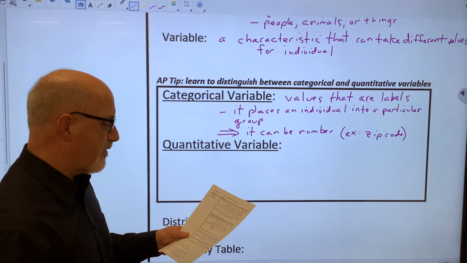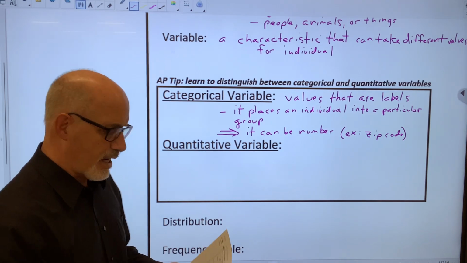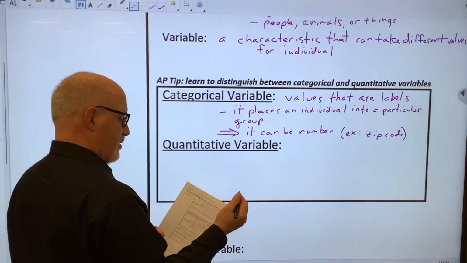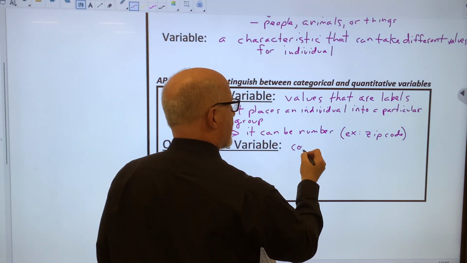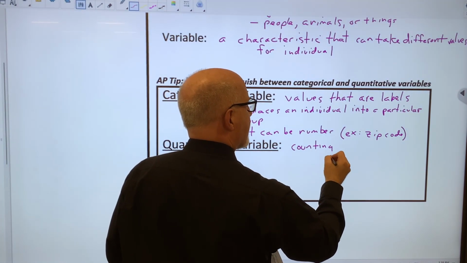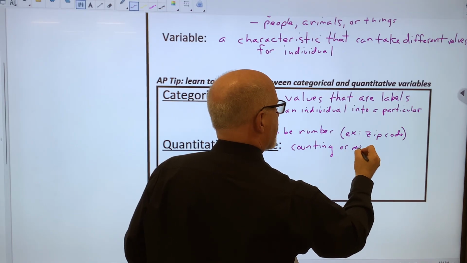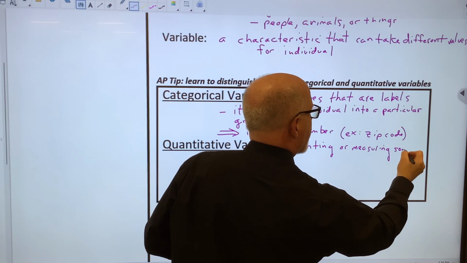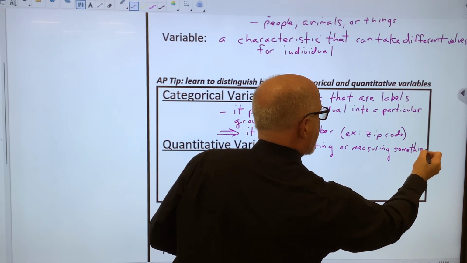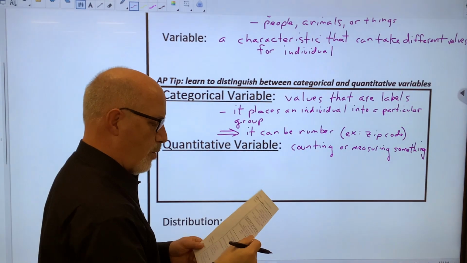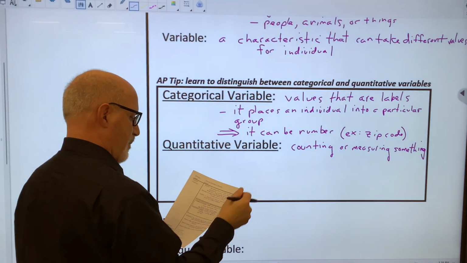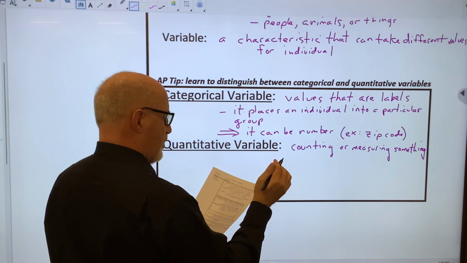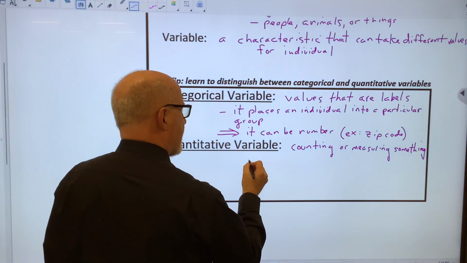All right, a quantitative variable usually is the numbers we're talking about. So quantitative, quantity usually refers to that. So this would be counting or measuring something. Okay, that's what we do with the quantitative variable. So when we do this, usually we're looking at the numbers.